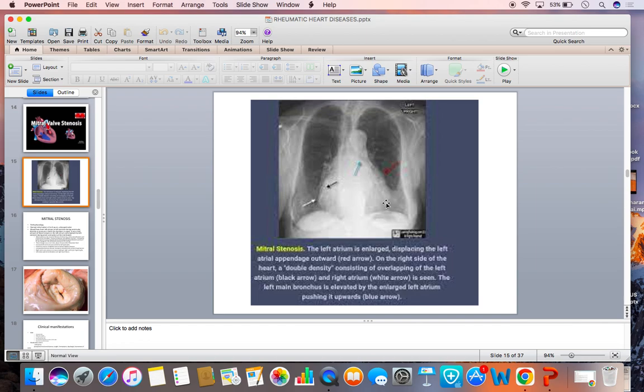This X-ray shows an enlarged left atrium displacing the left atrial appendage outward. So there is displacement of the left atrial appendage, resulting in straightening of the left border of the heart.